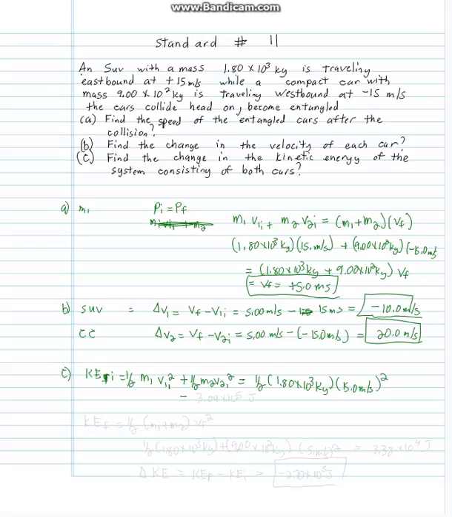When we compute all of that, we end up getting 3.04 times 10 to the fifth joules. And that is our KE of our initial.